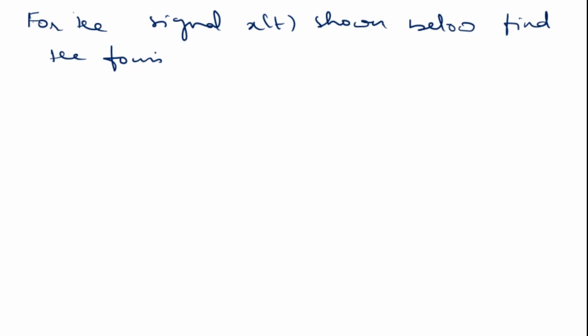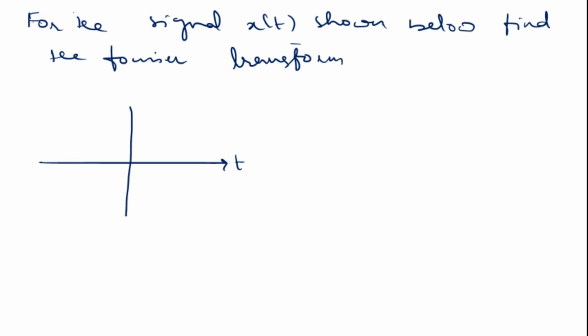For the signal x of t shown below, find the Fourier transform. This is the signal given. This is 2 x of t, with points 0, 2 and minus 2, with amplitude 1 and minus 1.